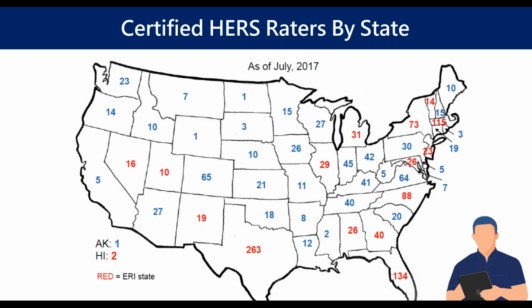And Alaska is one that comes to mind that just has one rater. But if you saw from the earlier map about the percentage of new homes being rated, Alaska rates close to 50% of their homes, which is not an excessive amount. It's in the neighborhood of 400 homes a year that one rater is handling.